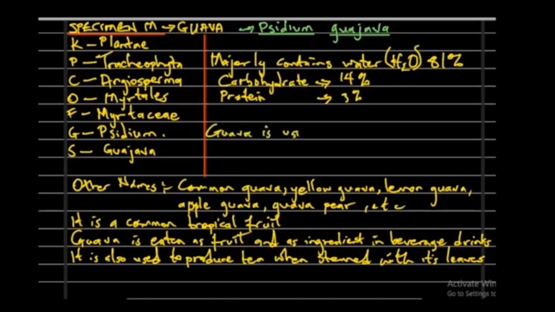Guava is usually pollinated by the Apis mellifera, so it actually pollinates this crop extensively. So these are the things that we have to say about this particular organism.